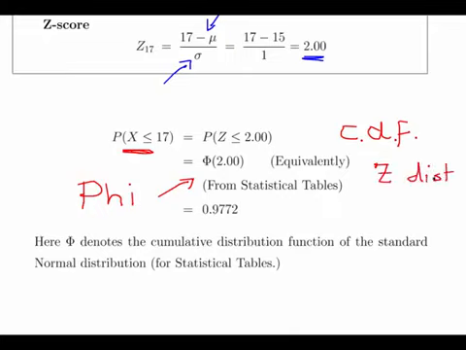That should be in the statistical table somewhere. Okay, it's the phi function. That's actually a different tutorial, really. That's a whole different kettle of fish. So phi of 2.00 from statistical tables is 0.9972, and here phi denotes the cumulative distribution function of the standard normal distribution.